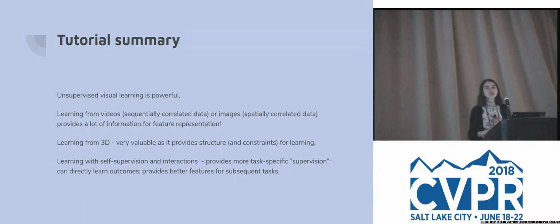You can take advantage of 3D structure, and in the context of robotics, you can take advantage of your own interactions or some other sensors or other constraints. You can either build features for better supervision or help reinforcement learning do things faster, or you can directly learn outcomes as in grasping, or you can provide better features for other subsequent tasks.